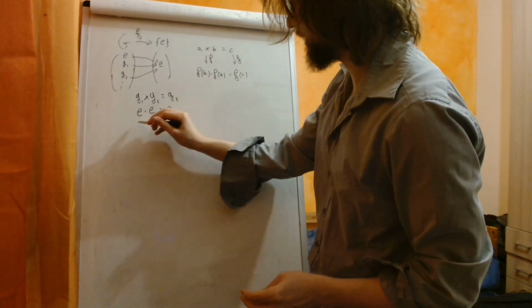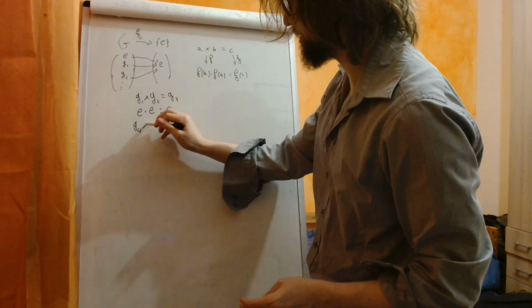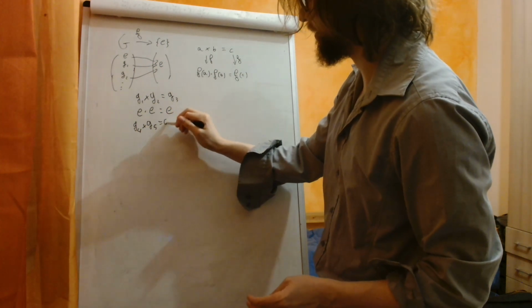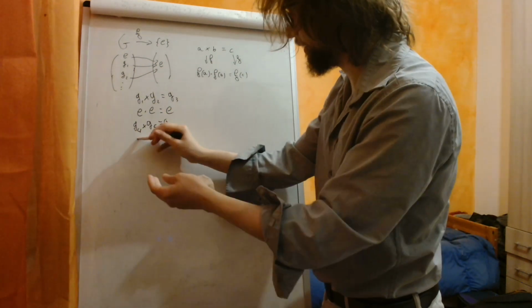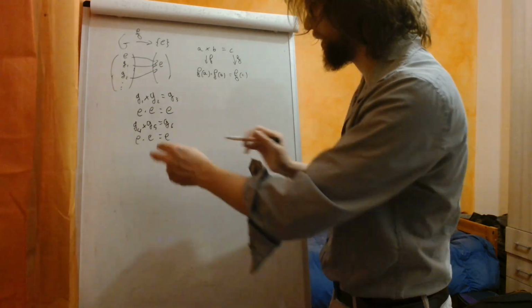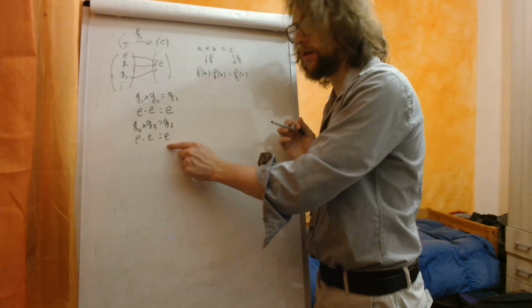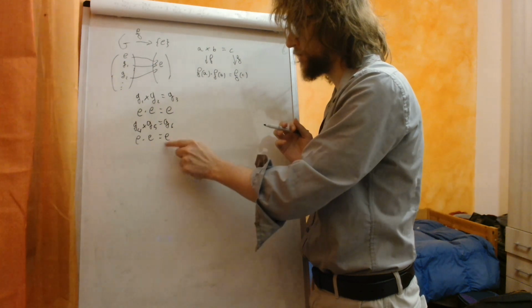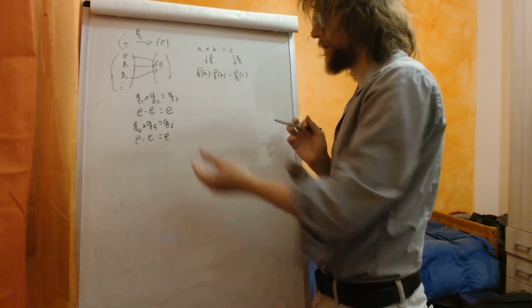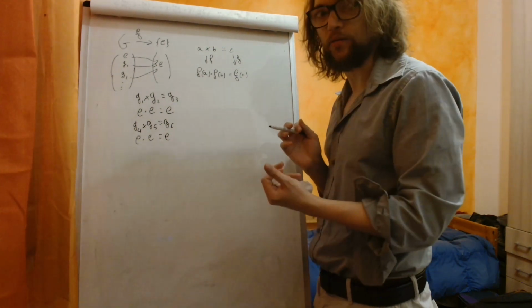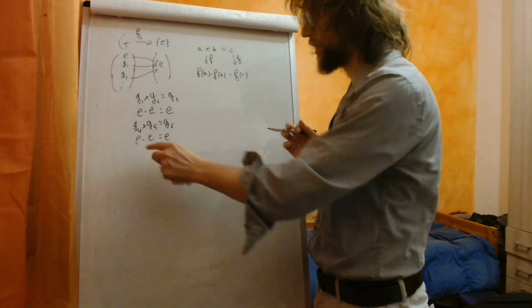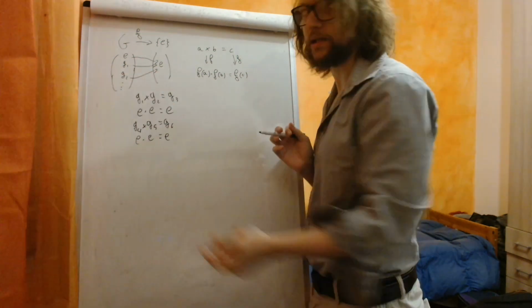If you did instead G4 times G5 equals G6, this is still E times E equals E, and you can't distinguish how you came to E. If you have to come back, you don't have a unique way to go back.